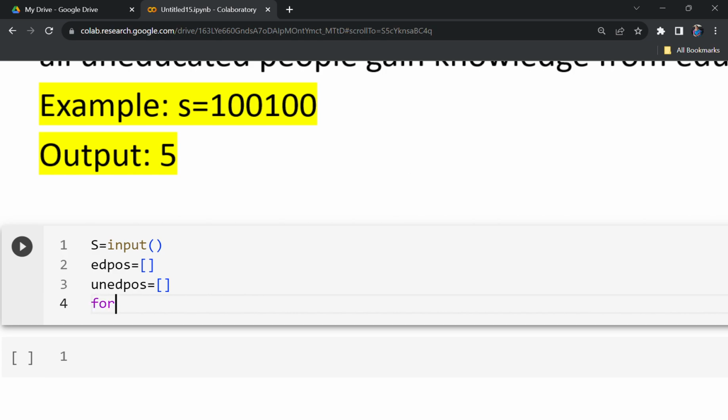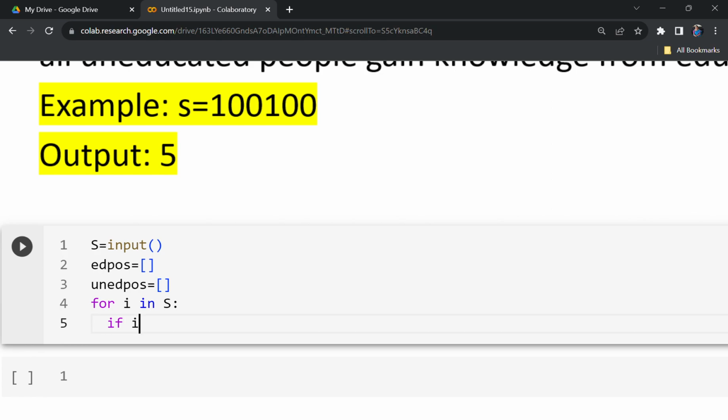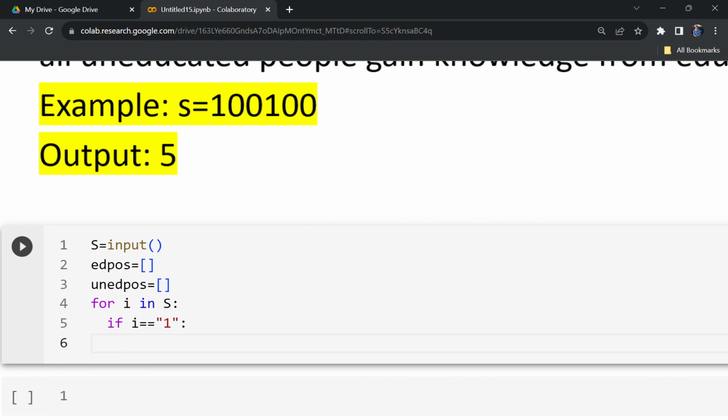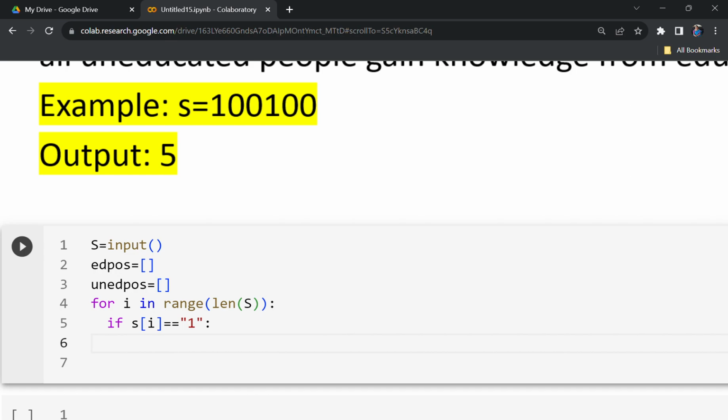Then I will run a for loop on the string s, and I will separate the positions of educated people and uneducated people. For i in s, if i equal to 1, that means he is an educated person. Sorry, as I need to take positions, let me do it like this. For i in range len of s, if s of i equal to 1, collect this position.